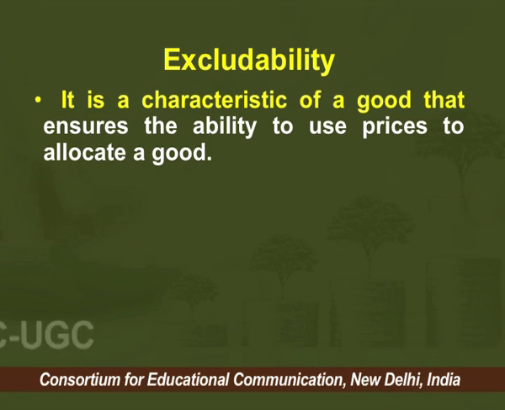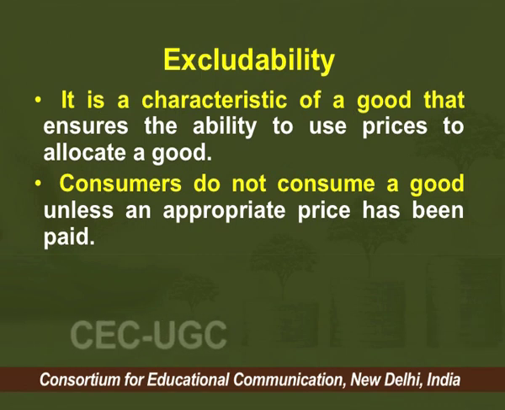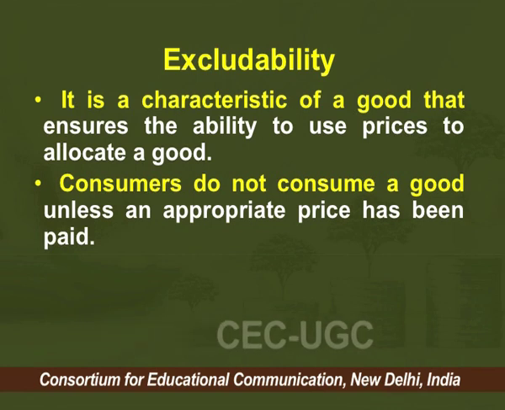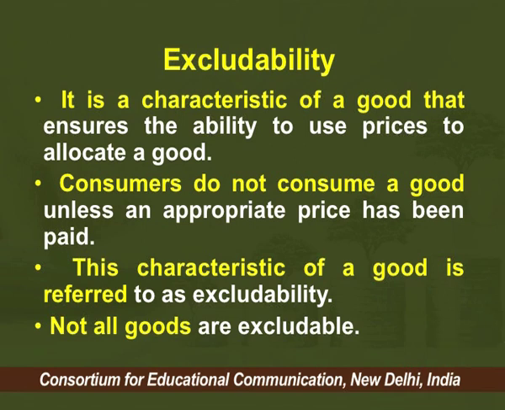So, this ethical question is handled by the prices. It is the prices which will handle the characteristic of excludability. Consumers do not consume a good unless an appropriate price has been paid. This is the regime of excludability. This characteristic of a good is referred to as excludability.